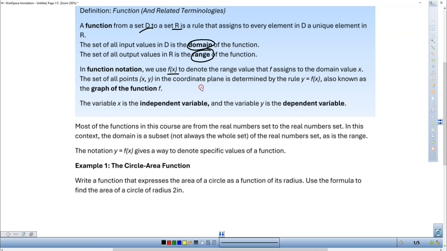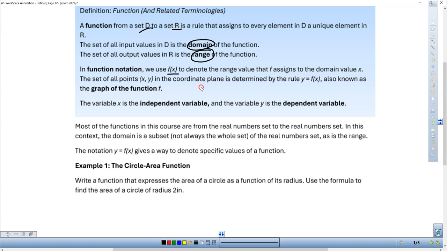When we look at the set of all points x and y in the coordinate plane determined by that function rule y equals f of x, we simply refer to this as the graph of the function f. The variable x, when we talk about functions, is the independent variable, and y is the dependent variable. Most of the functions that we look at in this course are going to be mapped from the real number set to the real number set.